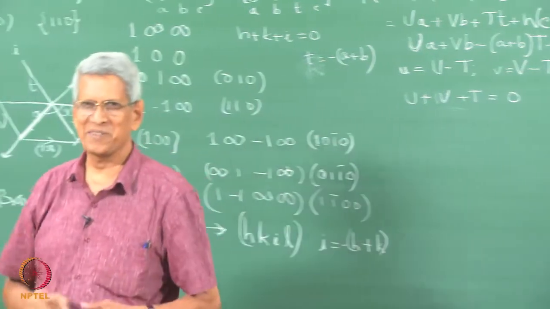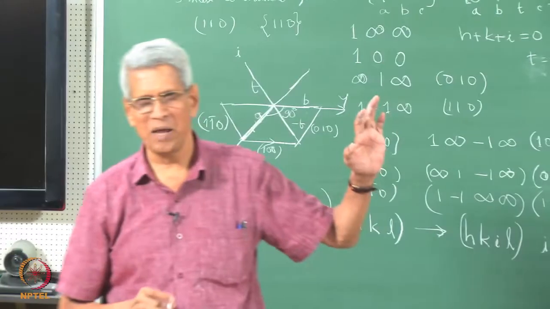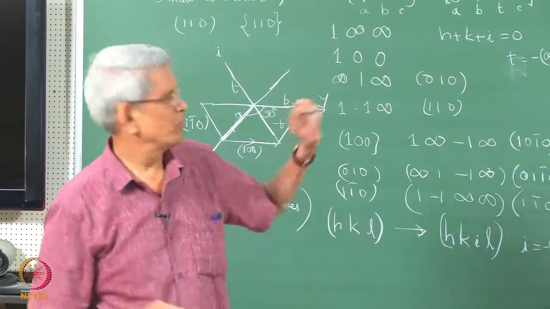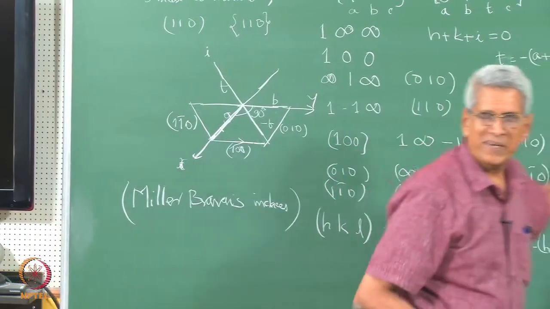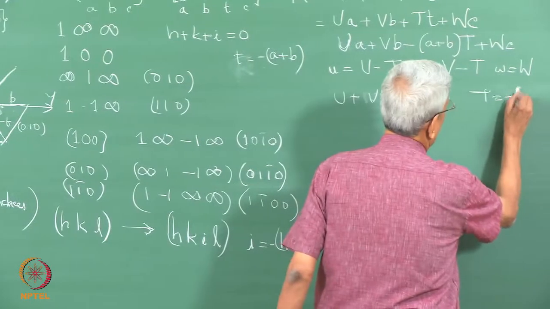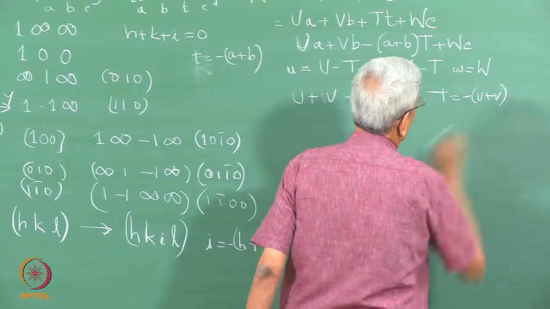This is an assumption. There are many ways in which it can be done, but let us not bother about all these things. The simplest case we take. If we make this assumption, then T will turn out to be minus of (U plus V), correct.